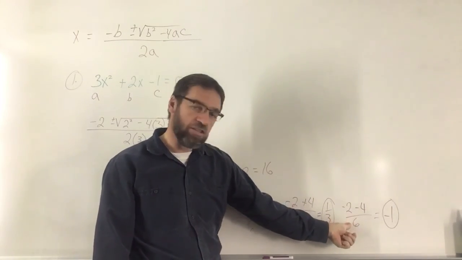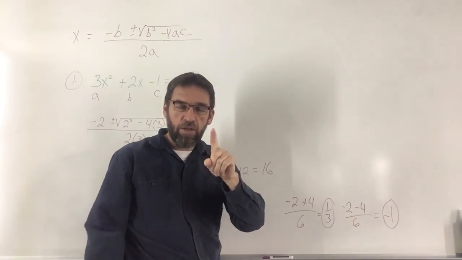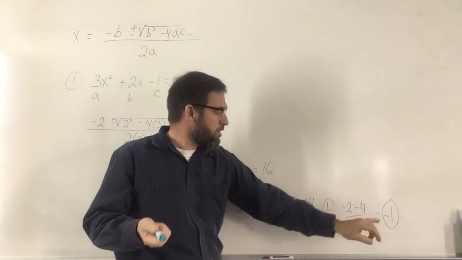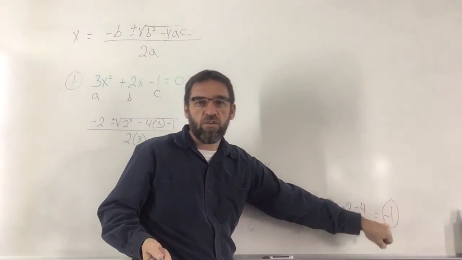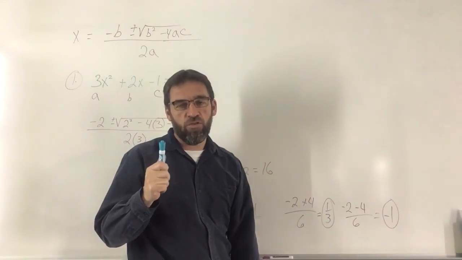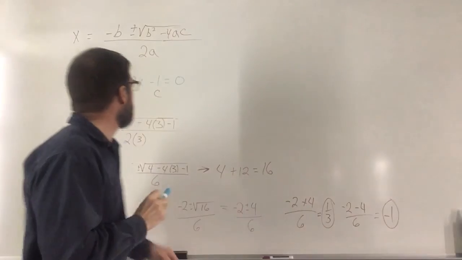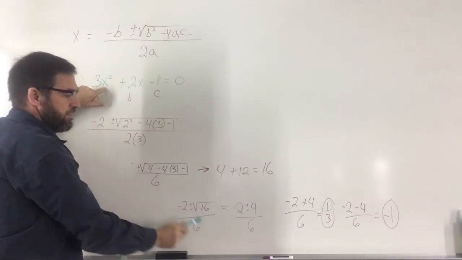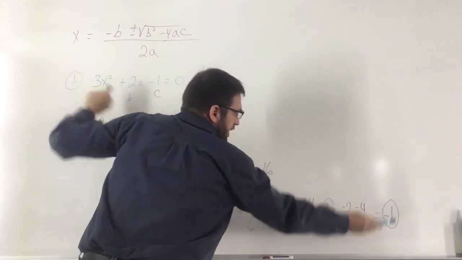Negative 6 over positive 6, that leaves me with 1. A positive and negative number divided makes a negative answer. So that leaves me, can you see that? Yeah, it's still on the screen, negative 1. So the value of x is either 1/3 or negative 1.